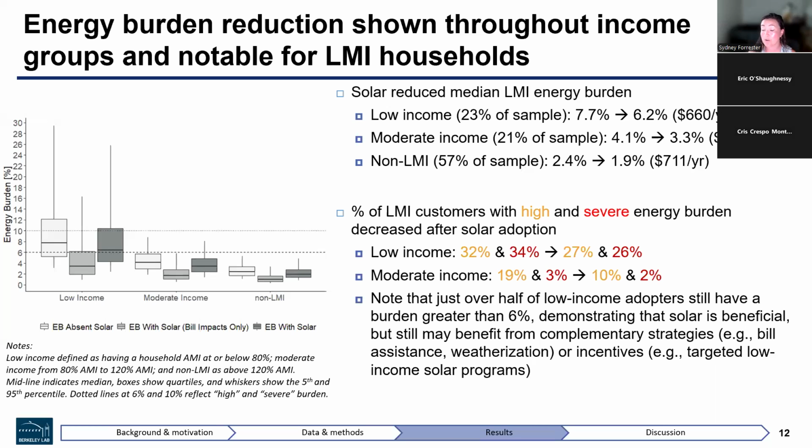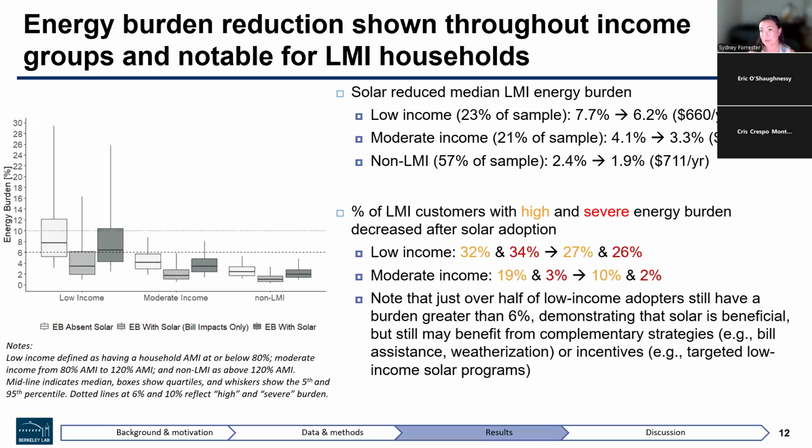So I guess the main takeaway here is that solar is a great strategy for reducing energy burden, but we still need to be cognizant of the level that you end up at. And it should be considered a complementary strategy to things like bill assistance and weatherization in these specific cases.